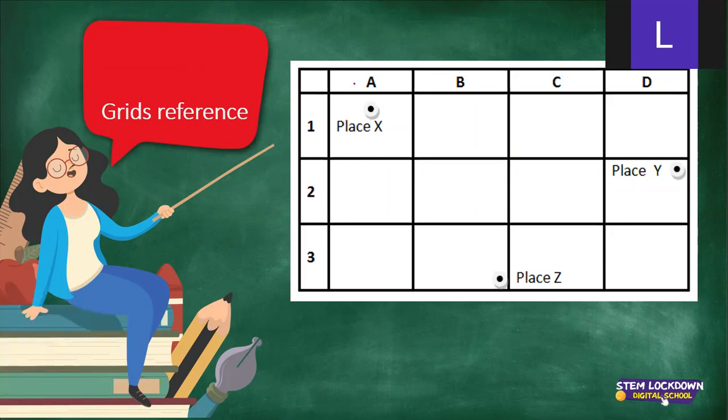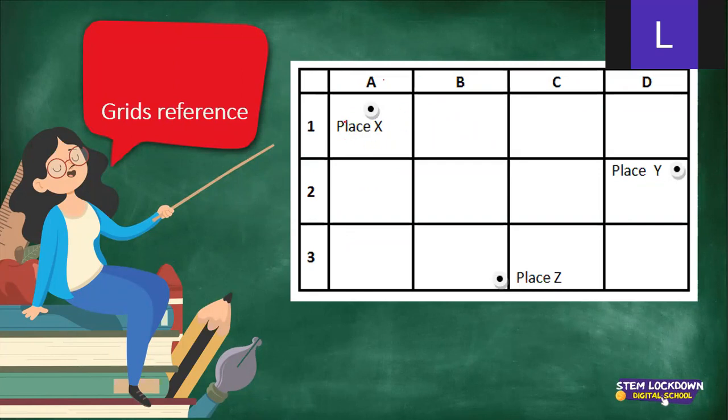On the top, you can see I have letters A, B, C, and D. On your side, vertically, I have 1, 2, and 3. Sometimes in an exam, they'll ask you, where is place X located? Here, they want you to use letters and numbers to locate place X.